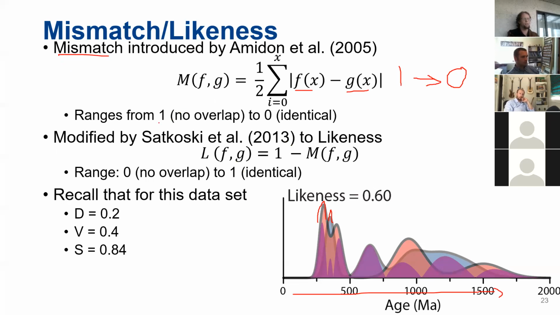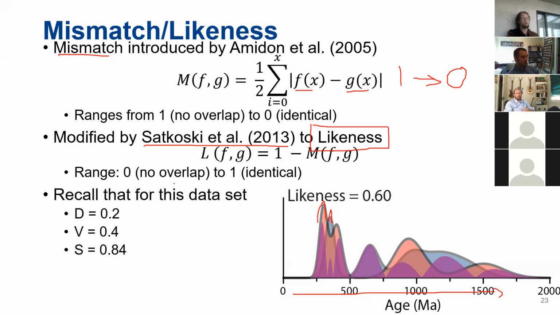Like the KS and Kuiper tests, mismatch ranges from 1, which is no overlap, to 0, which is identical. That was modified by Sadkowski et al. in 2013 to a metric they called likeness, which is simply the complement of mismatch. So likeness for f and g is 1 minus mismatch for f and g.